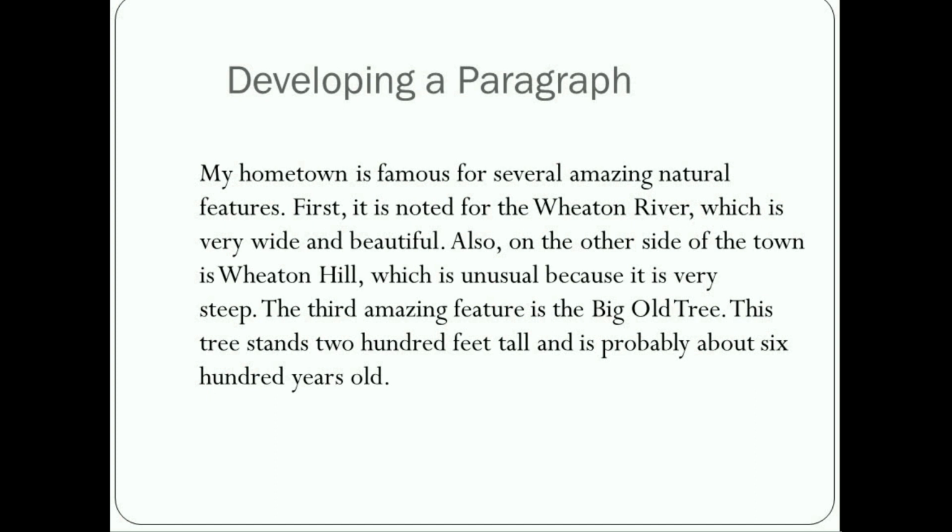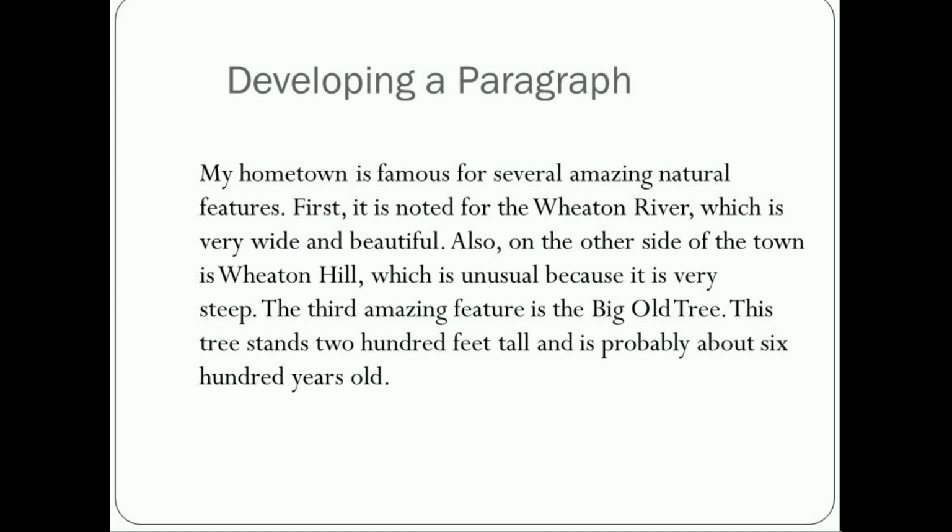Then we go through these features in order. First, it is noted for the Wheaton River, which is very wide and beautiful. So we name the feature and we say why it is amazing. Also, on the other side of town is Wheaton Hill, which is unusual because it is very steep. Again, we name the feature, Wheaton Hill, and we say why it is amazing.